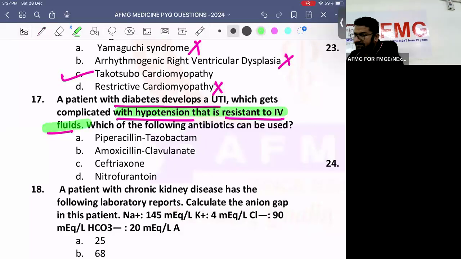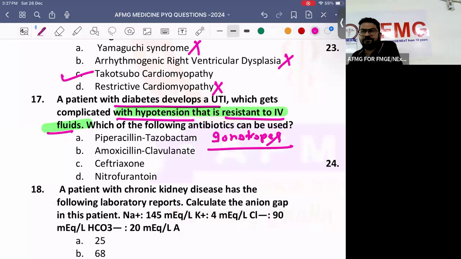It is not telling you the patient is resistant to antibiotic. हाइपोटेंशन आईवी फ्लूइड से रेजिस्टेंट है, मीन्स उसका बीपी नहीं बढ़ रहा है आईवी फ्लूइड देने के बाद, तो क्या दोगे? If BP is not increasing then we will start inotropes. Simple. Inotropes means you will give norepinephrine to increase his BP. We will give epinephrine. Hypotensive shock में patient, so you can use inotropes for hypotension.